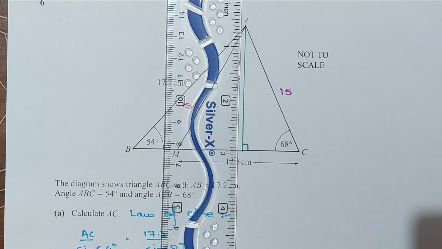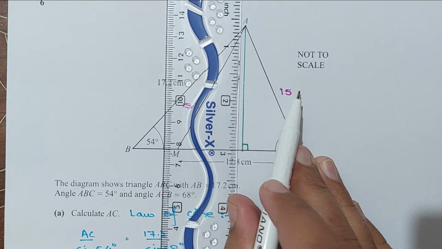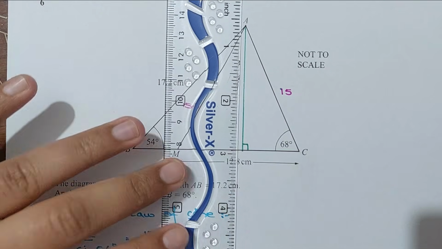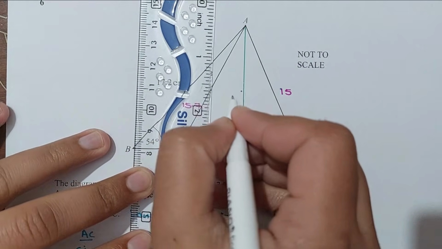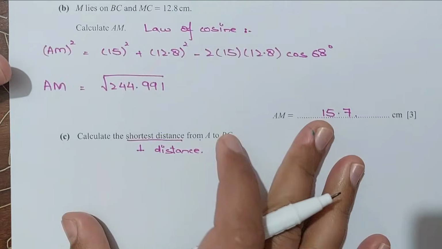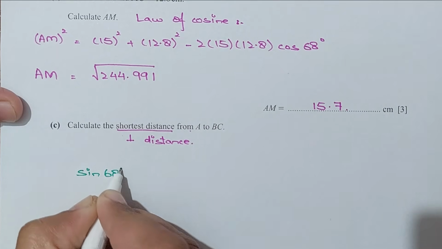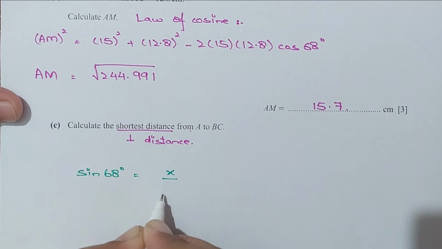Apply the ratio for this side. Angle opposite we have to find, and hypotenuse we have given. So use the ratio for sine, which is opposite over hypotenuse. Let's say this perpendicular distance is x, opposite is x, and the hypotenuse is 15. So we can say sine 68 degree is opposite over the hypotenuse.